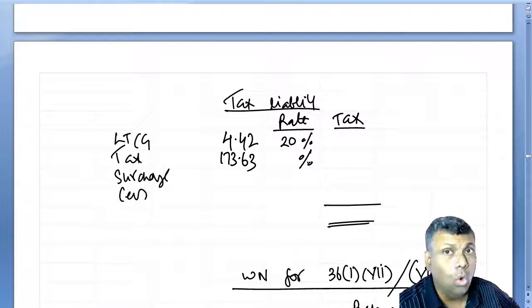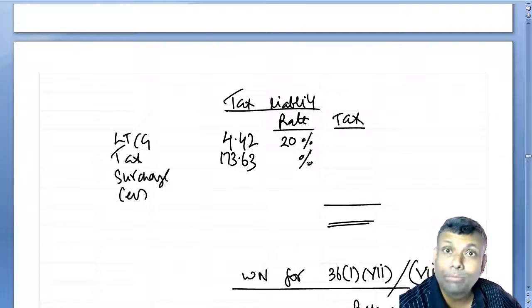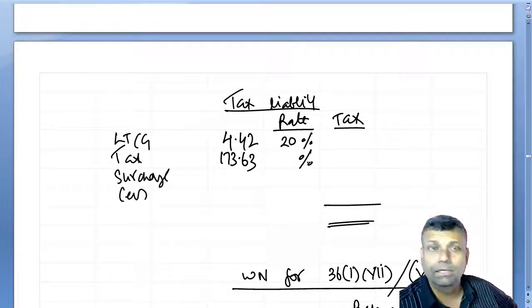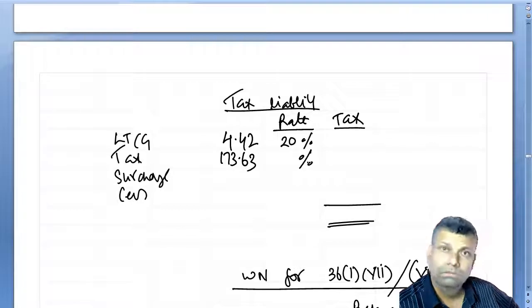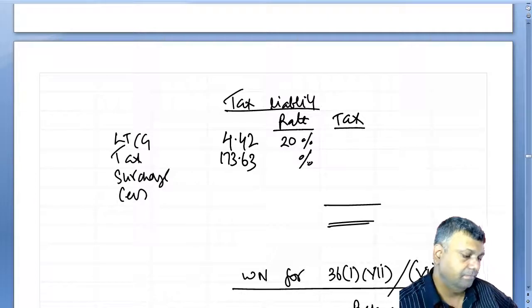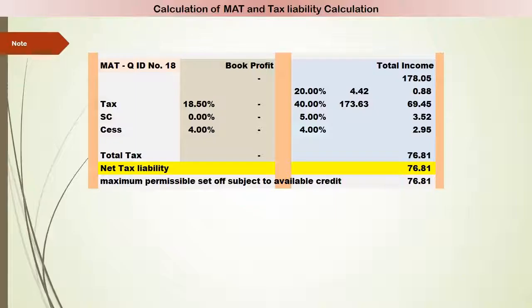Surcharge, don't do the silly mistake, friends. It is with respect to the foreign company, and I'm telling you again and again, rates of tax of the foreign company will apply here. But long-term capital gains itself is a concessional rate of tax, so you can take that particular number. And the cess. So multiply this particular figure, complete your tax liability calculations.